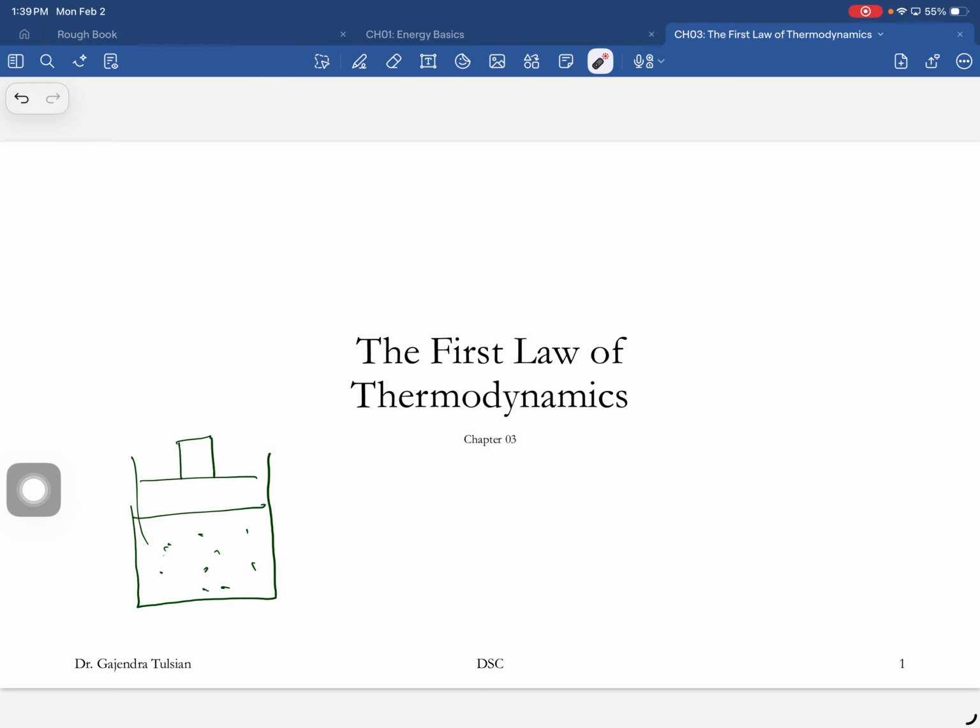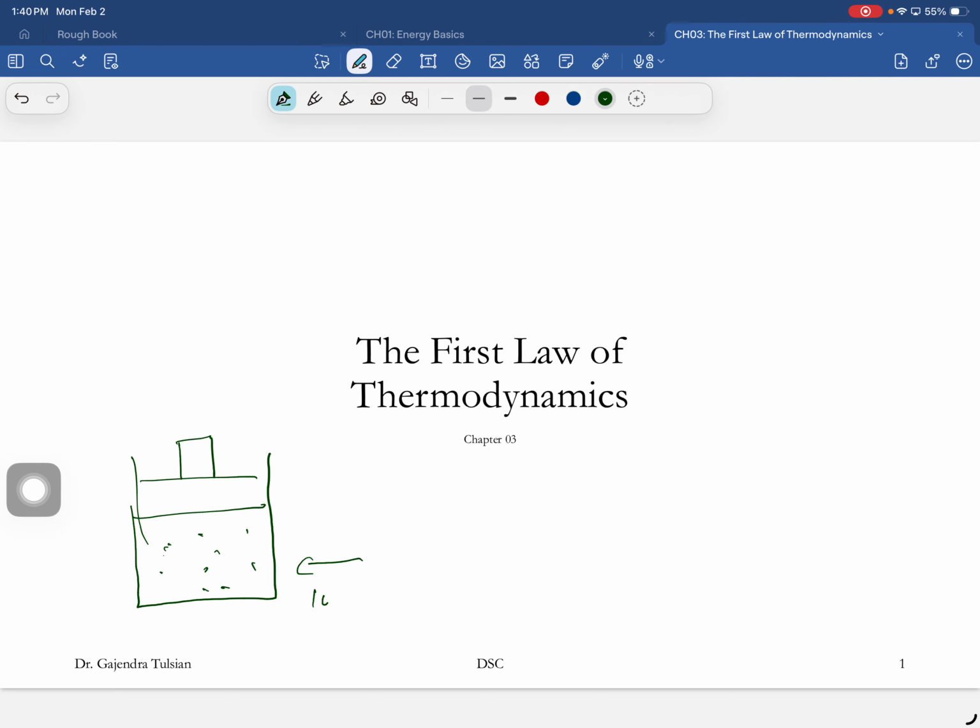All right, so what we're interested in is how to convert heat to do work. Any form of energy can be converted to any other form of energy, but some conversions are more efficient than others. So mechanical energy to heat, you can convert 100% of that. Heat to mechanical energy, that's about 30% efficient.